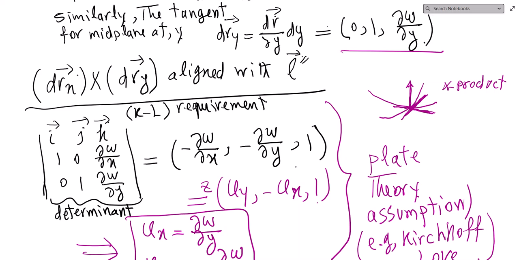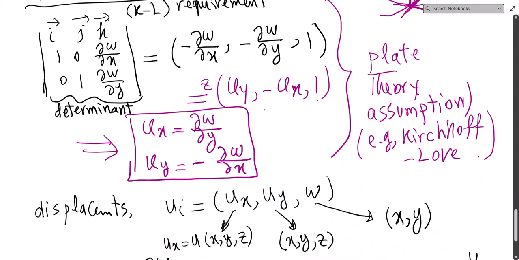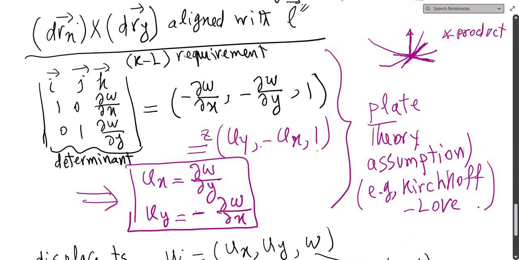Now, if you make this equal to the material line, which they should align, you can conclude that... I missed a z here, maybe. I put a z. You can put the z at the end so we don't miss it here and there. So phi y becomes minus z, sorry, this shouldn't be.